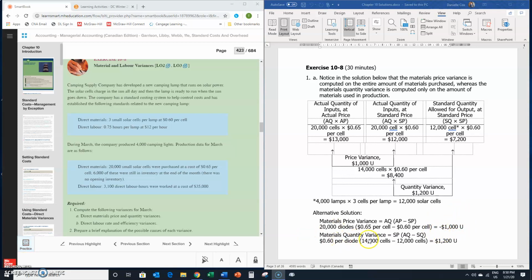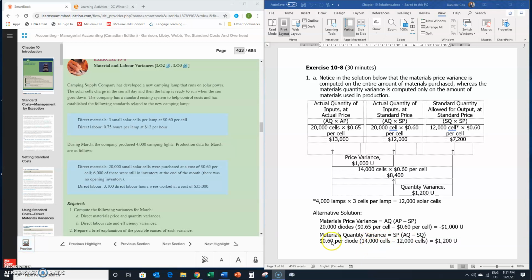And the quantity variance is standard price times actual quantity minus standard quantity. So standard price is 60 cents per cell. I'm just looking at this here. I don't know what this word is. It's per cell. Okay, so anyway, actual quantity. Now this we're looking at now is the quantity that was used in production.